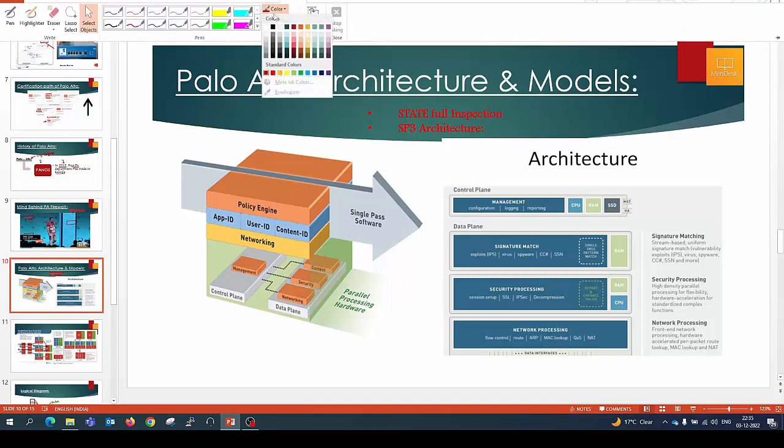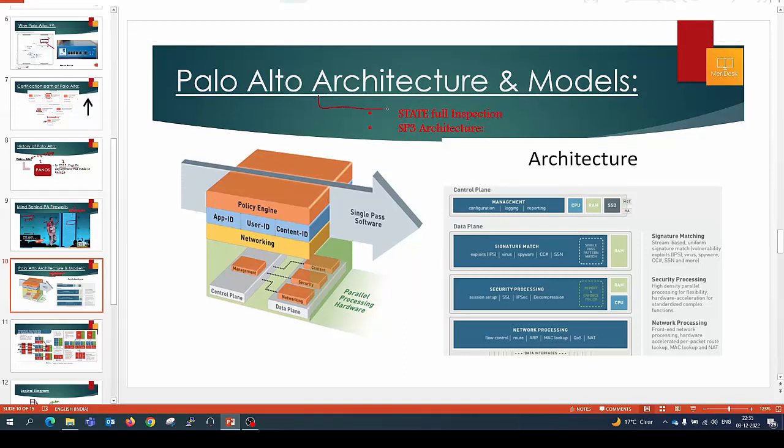They have a very brilliant architecture, and the design team behind it did a fantastic job. The architecture is called SP3 architecture, single pass parallel processing.